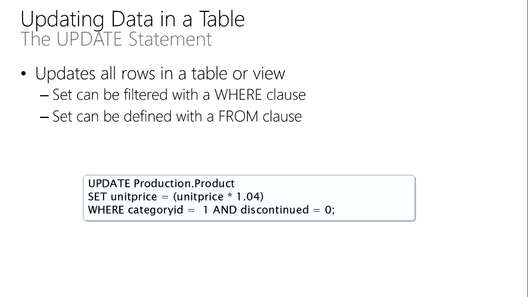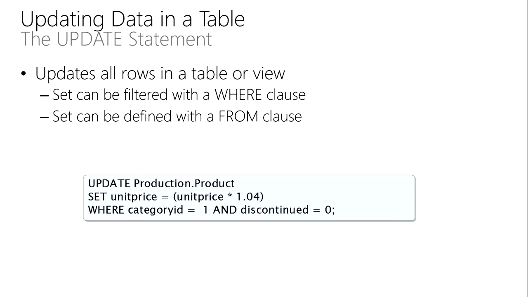So in this case, I'm saying for category ID 1, where the products are not discontinued, I want to increase the price. But I can't just explicitly say, here's the price I want you to set, because of course all the products might be different prices. So I've referenced the existing price and used an expression to indicate what I want to update it to. So you can update to a literal value, or you can update to an expression, and that expression could reference the existing value.